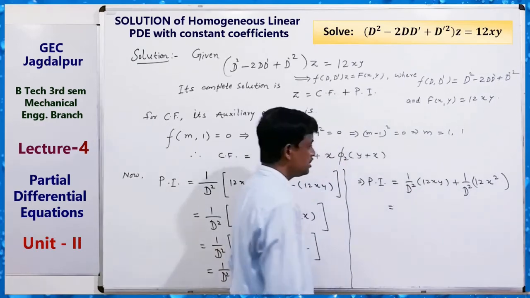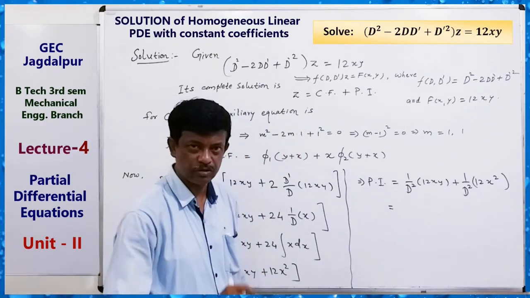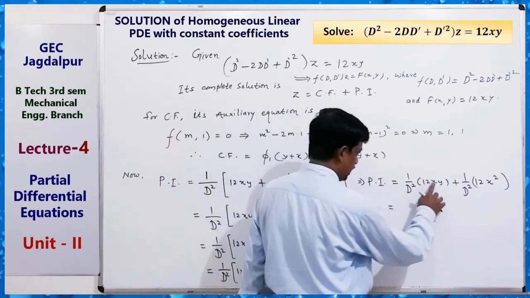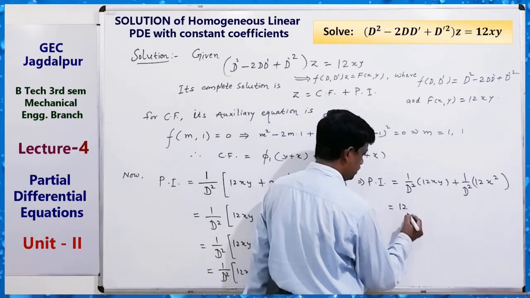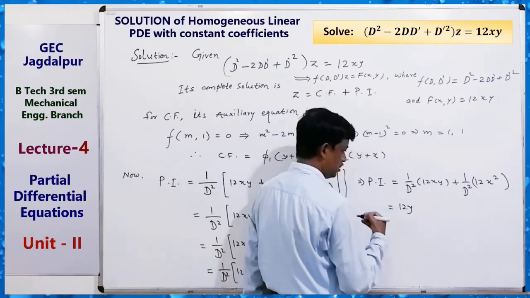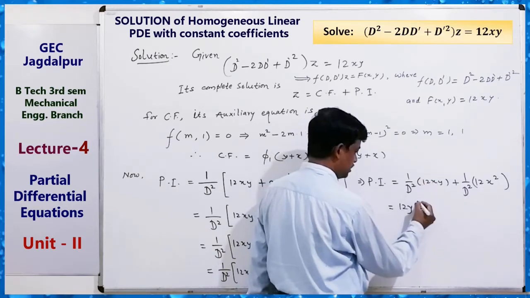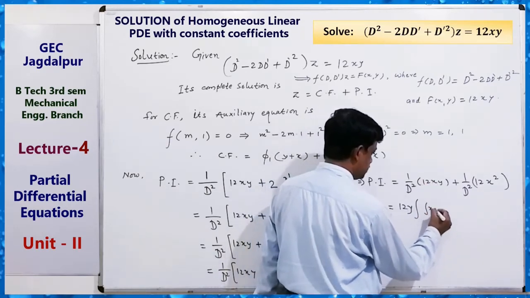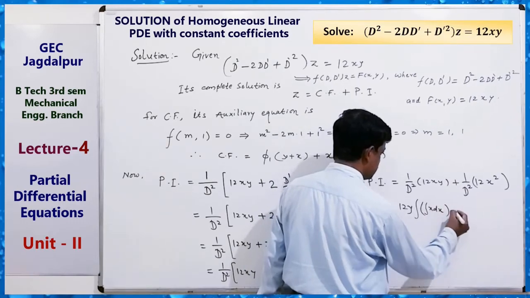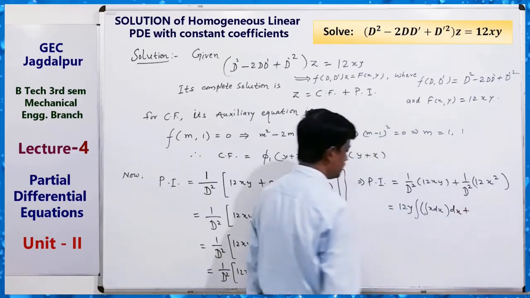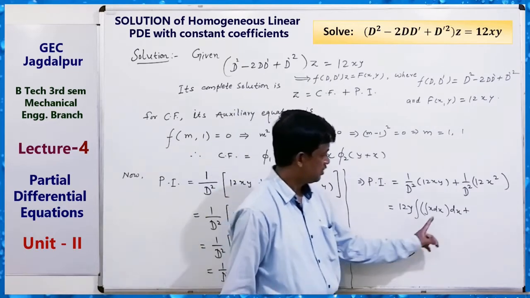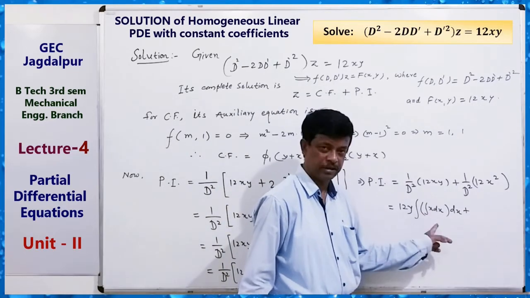So 1 upon D² means 2 times integration with respect to x. So 12y, integration of x dx, 2 times integration. One time and another time.